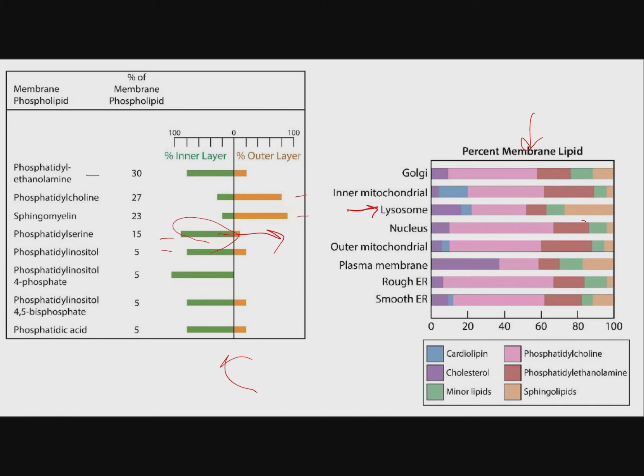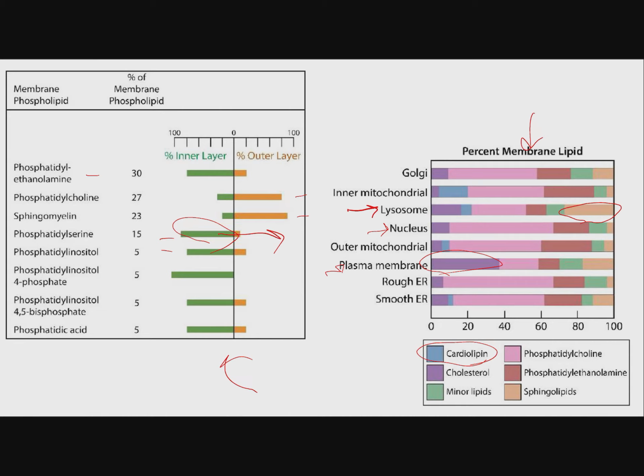Lysosomes, for example, contain a lot more sphingolipids. Plasma membrane lipids have a lot more cholesterol in them, and some other differences. The nucleus actually contains no cardiolipin, whatever that is. We didn't talk about the lipins.